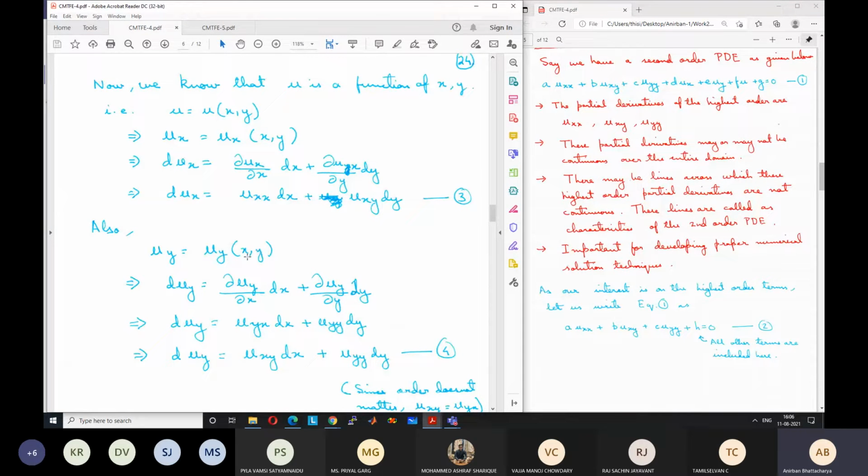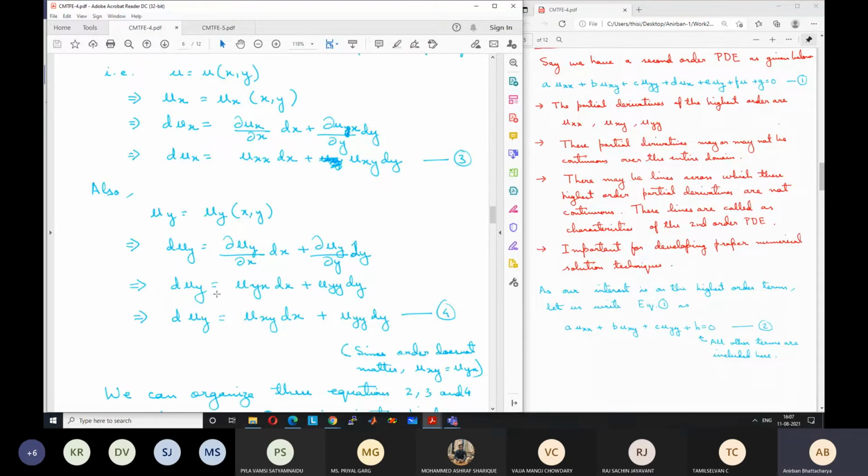Again, remember that if phi is a function of x and y, we can write d phi is equal to del phi del x dx plus del phi del y dy. So same here, duy is equal to del uy del x dx plus del uy del y dy, or duy is equal to uyx dx plus uyy dy.